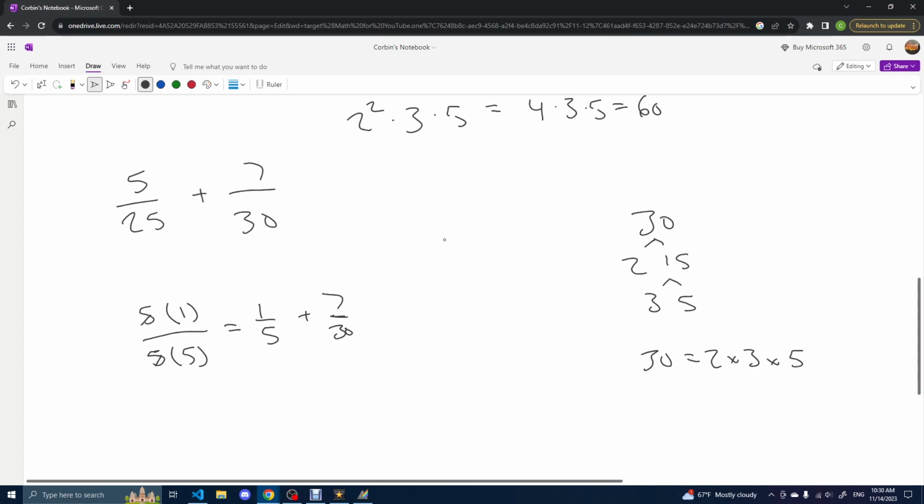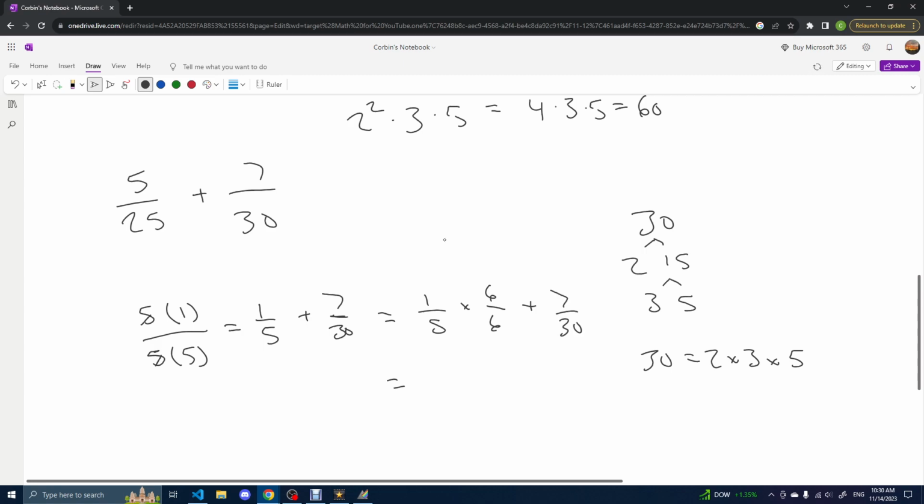We share that 5 in common, and we're missing a 2 times 3, or a 6, over here. So we'd go ahead and multiply the top and the bottom by 6. Let's do 1 over 5 times 6 over 6 plus 7 over 30.